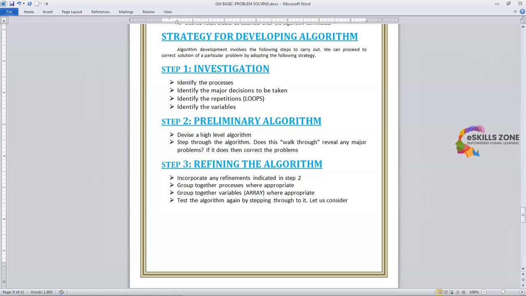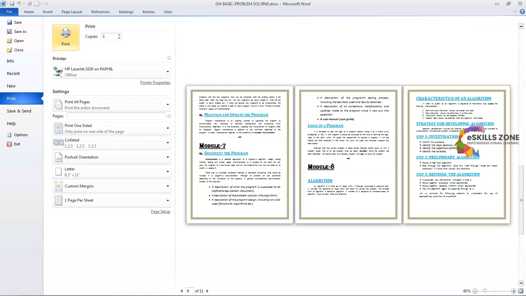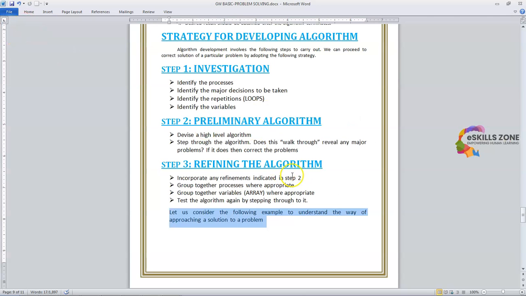Let us consider the following example to understand the way of approaching a solution to a problem. Now we'll discuss an algorithm and we will see how it is really done.